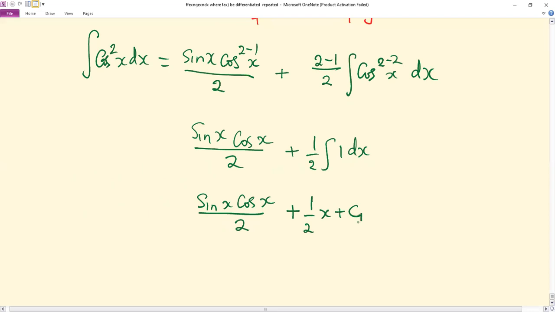Let's call it c1. Call this one 3. So this is the integral of cos squared x dx.